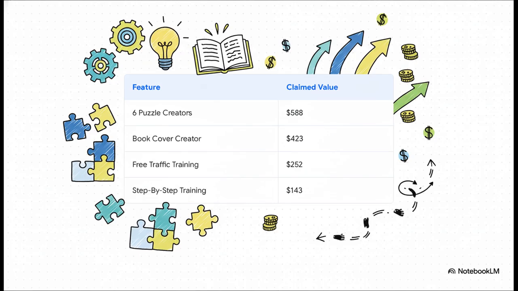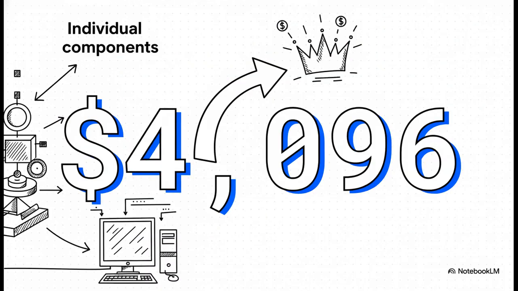They take every single component of the system, from the puzzle creators themselves to the training videos, and they assign a specific dollar value to each one. It's all about building up a case for the total worth of the package. And when you add up all those individual values they've assigned, you get to this grand total of over $4,000. This number becomes the anchor, the reference point for their entire sales pitch and pricing.